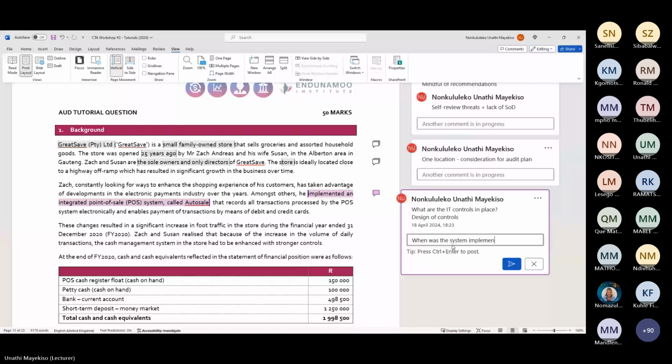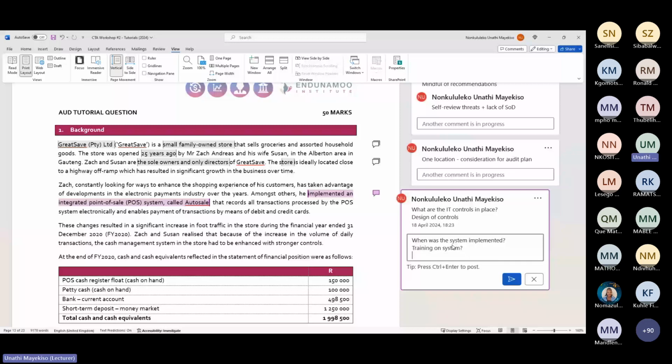I'd also add, sorry, is it possible that they don't have the expertise or knowledge to actually use the new system that Zach has implemented? Yeah, like have the people been trained on the system? Access controls on the software.